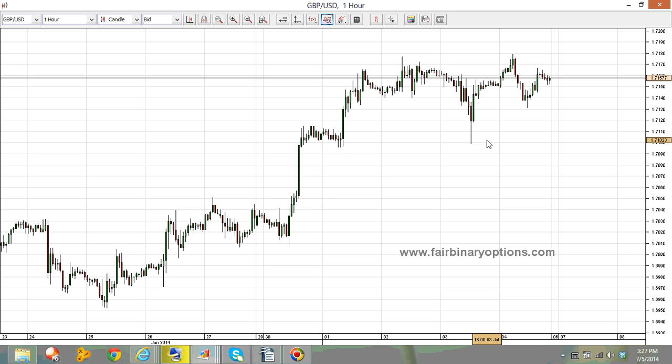Before looking at the technicals, I would like to talk a bit about fundamentals on the GBP and pound US dollar, in the sense that we had Mr. Carney, the governor of the Bank of England, saying all these confusing statements regarding the interest rate increase or hike that the Bank of England probably is going to do this year, later in the second half of the year.